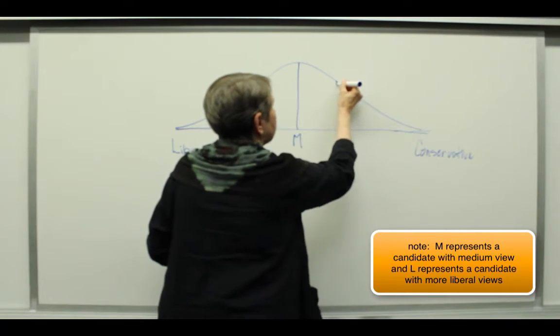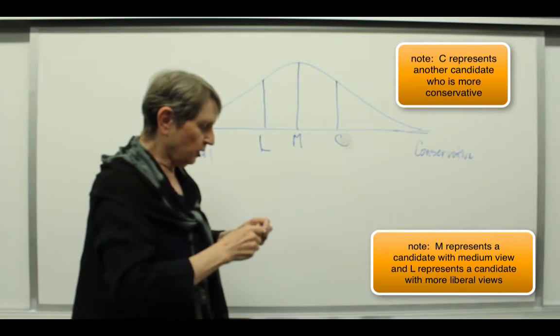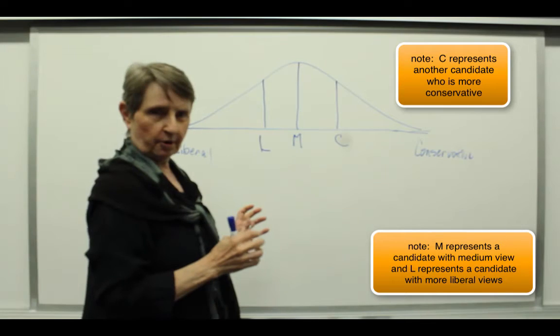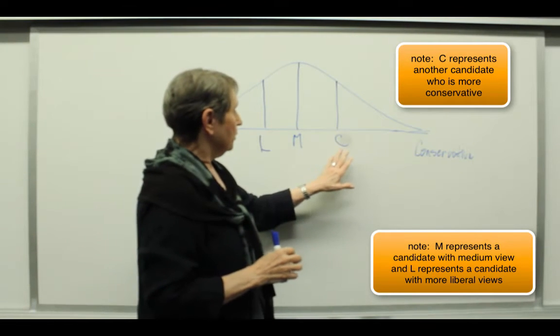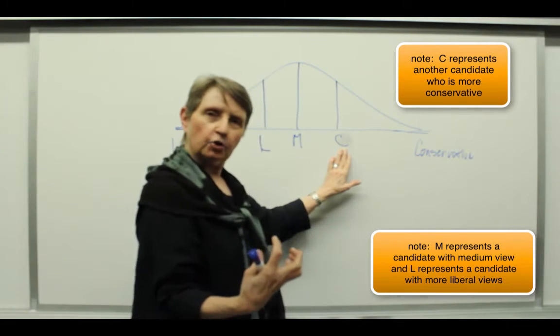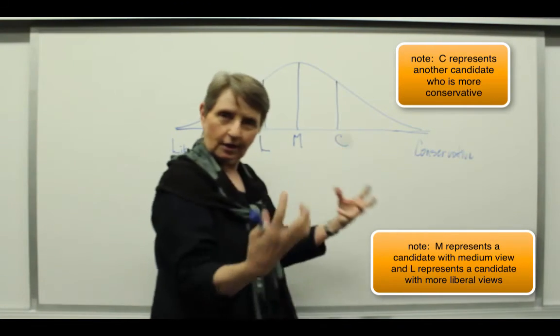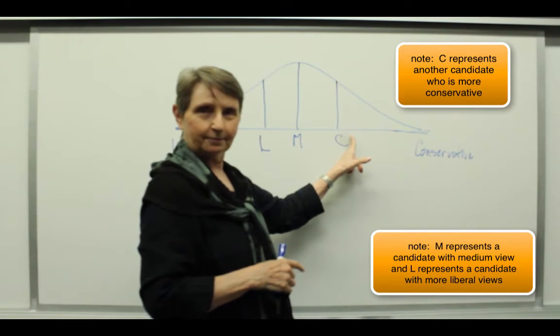And in fact, this helps explain why I'm going to put another candidate here, and I'm going to call him candidate C. This explains why in the primaries, where candidate C is trying to get the nomination from the Conservative Party, his positions, as he explains them, are out here.